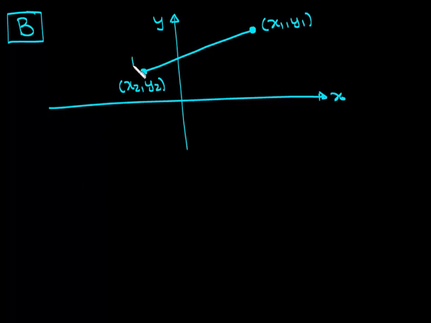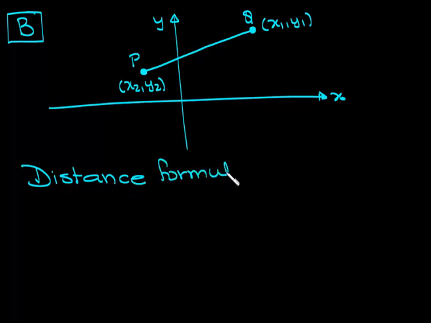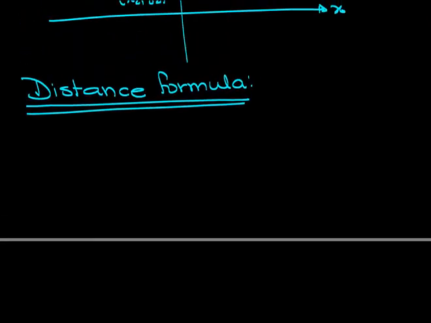Let's call this point P and this point Q. It's always a good idea to label your points along with the coordinates. So the distance PQ, I'll write it this way, PQ. This is the distance formula. This is a very useful formula. We use it quite a bit in applications when we're trying to solve word problems, even when we work with circles and things like that.